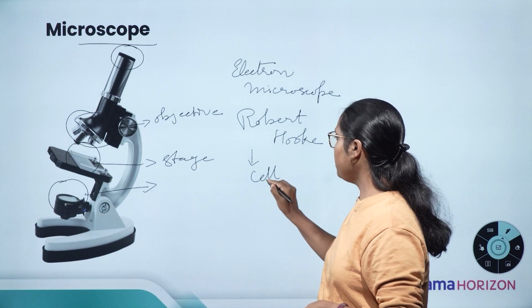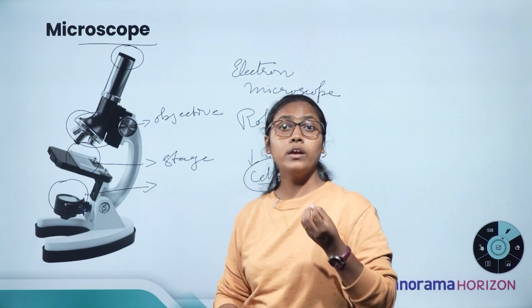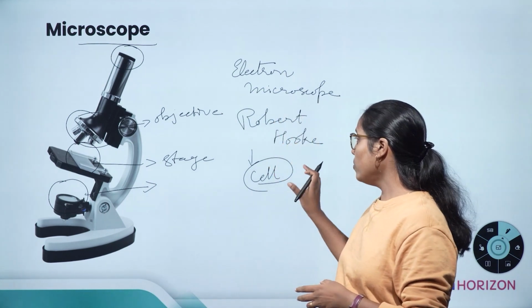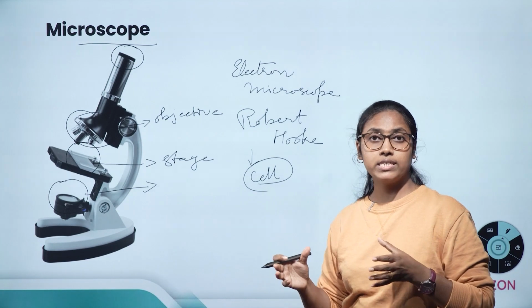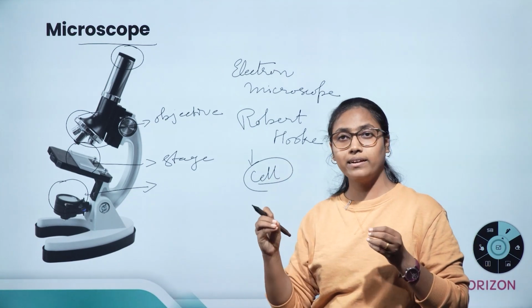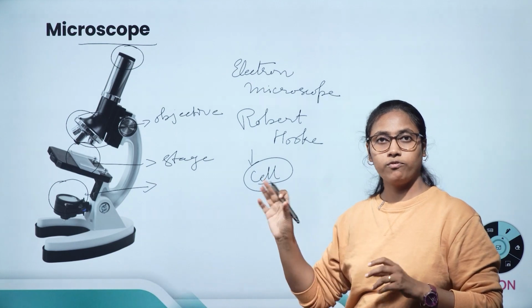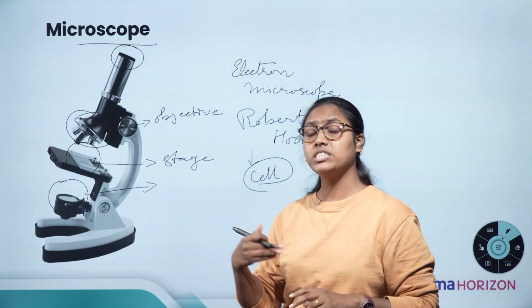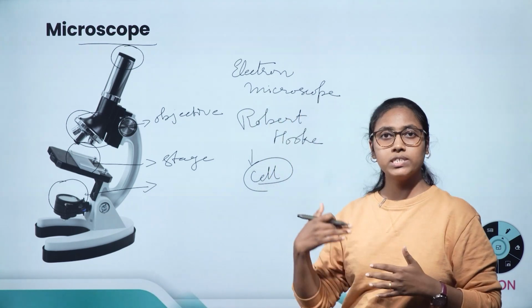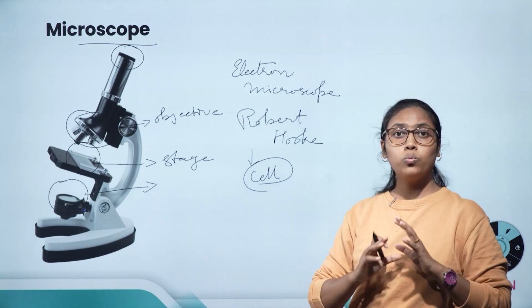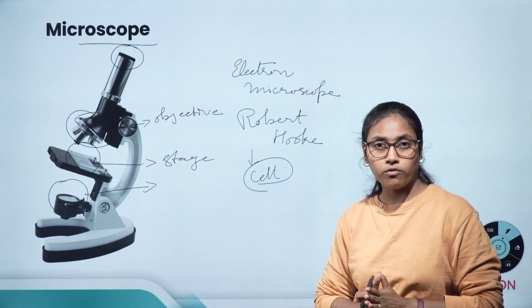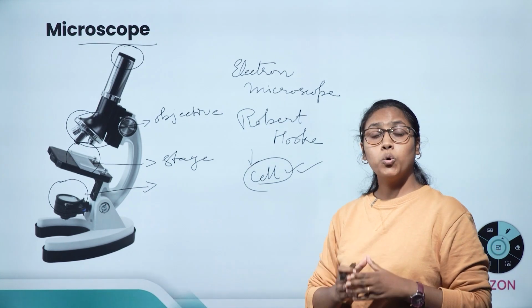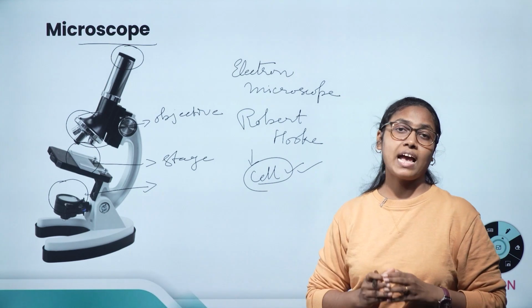Cell means small compartments. When Robert Hooke saw the cork cells, he was able to see small compartments like a prison or a jail, or a small room, and he named it as cell. Later on this name was used to specify the fundamental unit of life. So Robert Hooke was the first person who termed that living unit as cell.